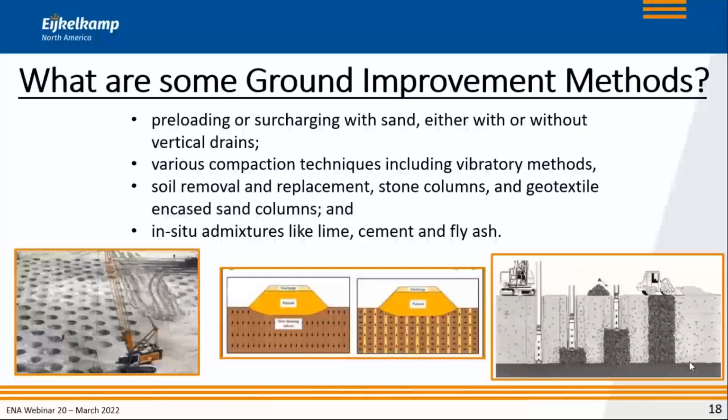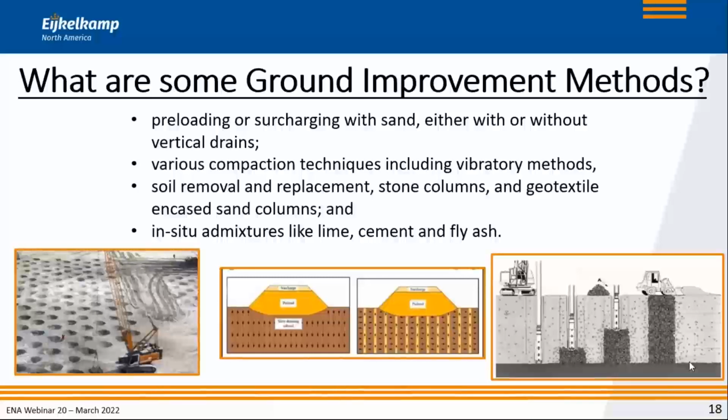And then, of course, you have soil removal and replacement, use of stone columns or encased sand columns that you see illustrated on the bottom right-hand side. And then a fourth technique that I have not illustrated with a graph are in situ mixtures, deep mixing with lime or with cement or with fly ash to again increase the strength of the soil.